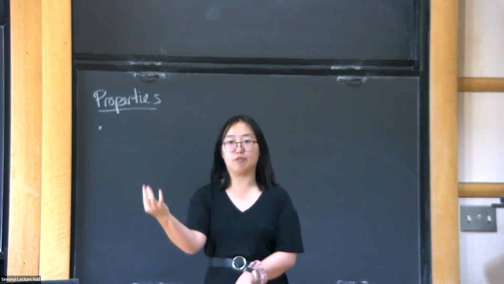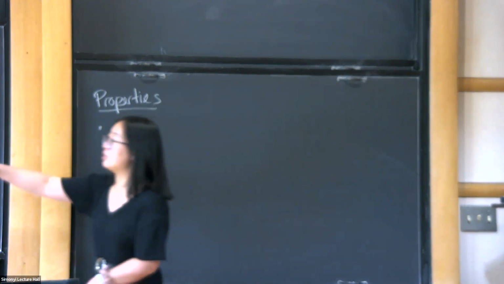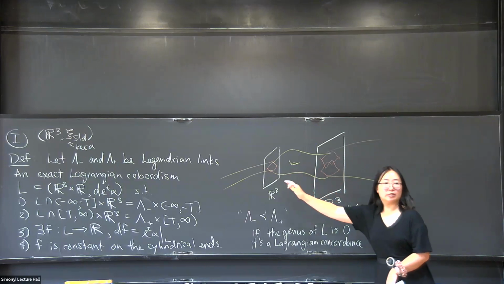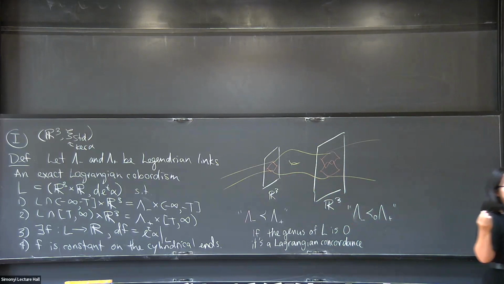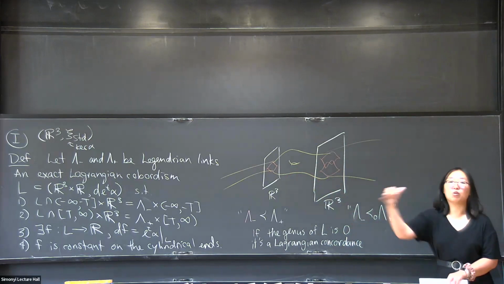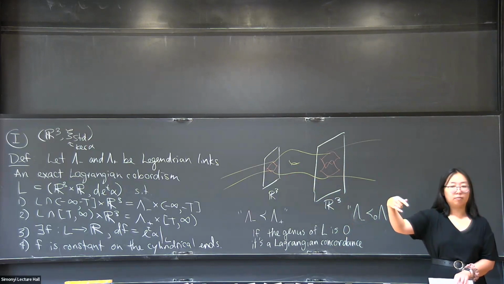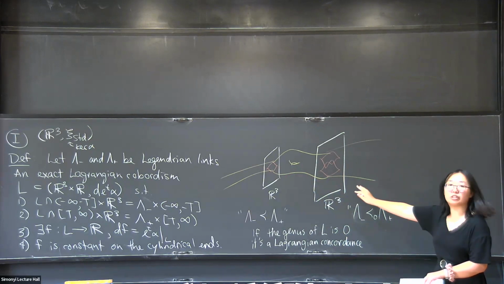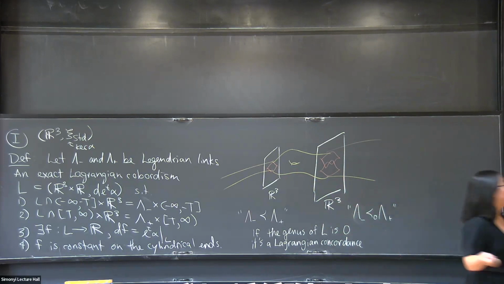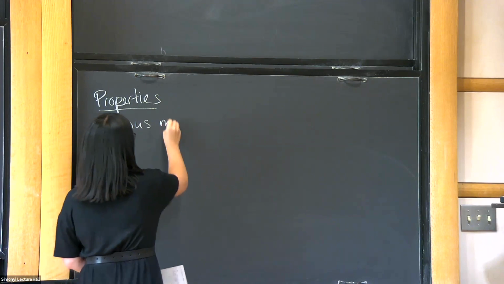The surface is in the four-ball, the knot is in the boundary S3. Then if I think about Lagrangian cobordisms, these are always going to realize the minimum genus. So if I compare to smooth topology, if I have a cobordism between two smooth knots, I can always add more handles to that cobordism and I will get more genus. But with Legendrian knots and a Lagrangian cobordism, that cannot happen. So these are always going to be genus minimizing.